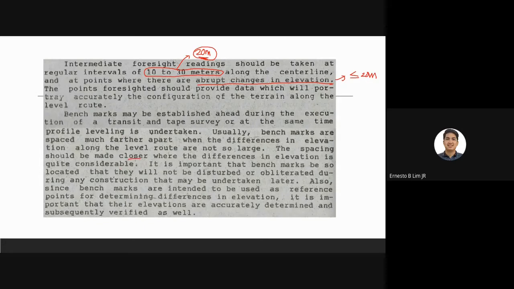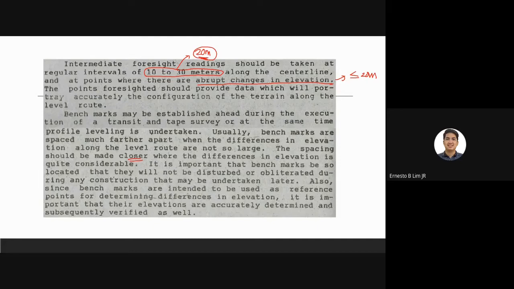The spacing of your readings should be much closer when there is an abrupt change in elevation, or there's a need to consider the differences in elevation. It is important that benchmarks be so located that they will not be disturbed or obliterated during any construction that may be undertaken later.